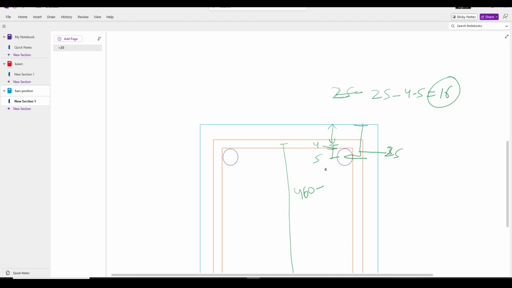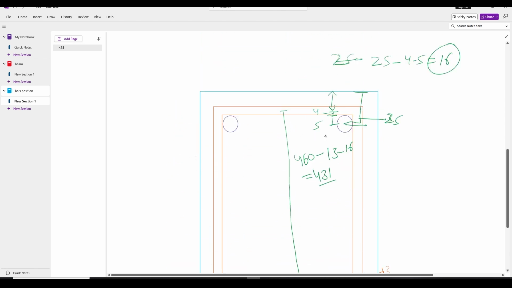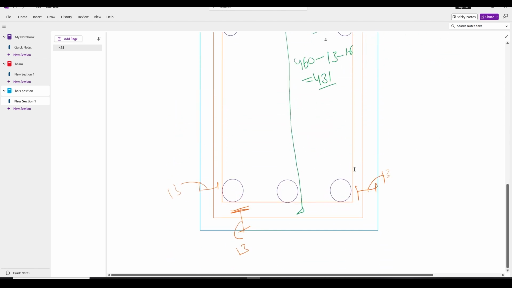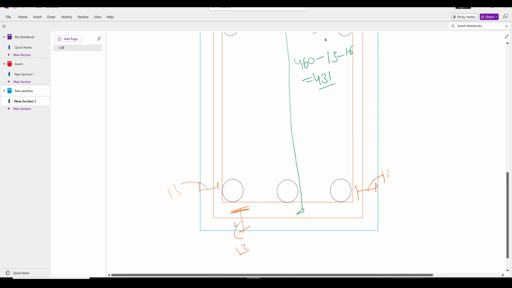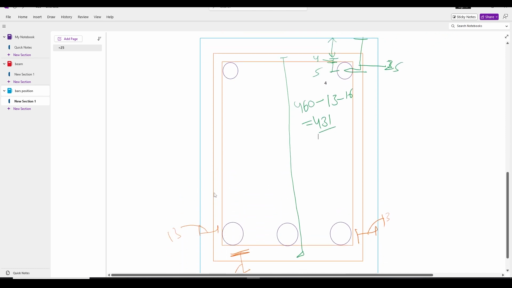So 460 minus 13 from bottom and 16 from top, what we get is 431 mm. In x direction the size will remain from here to here 13 and from here to here 13, because we will consider this bar for width, not this bar.